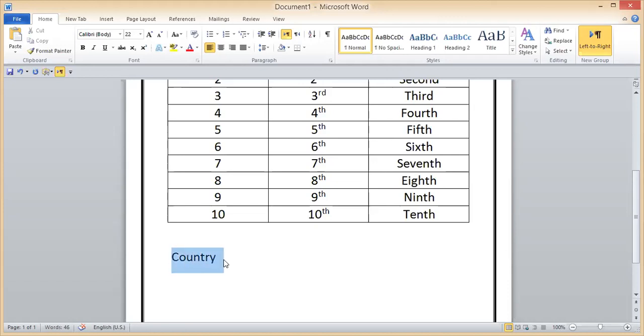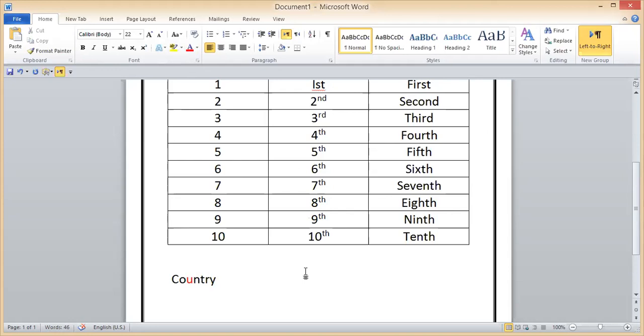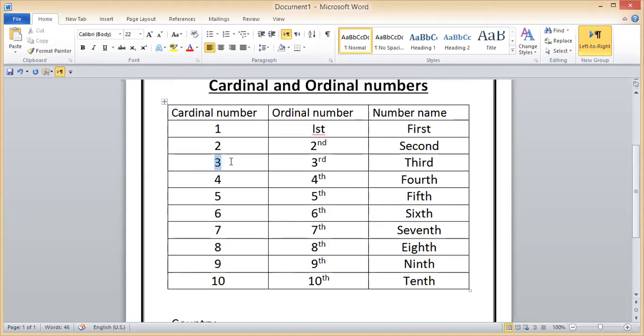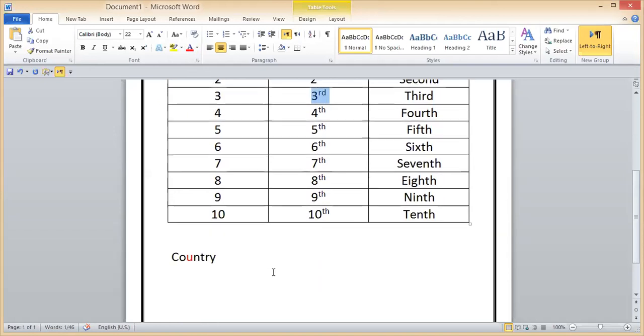Yes, guys, what is the position of U? You have to use an ordinal number to tell me the position. First count, 1, 2, 3. What is the number you will use to show this position? Answer me in the chat box.